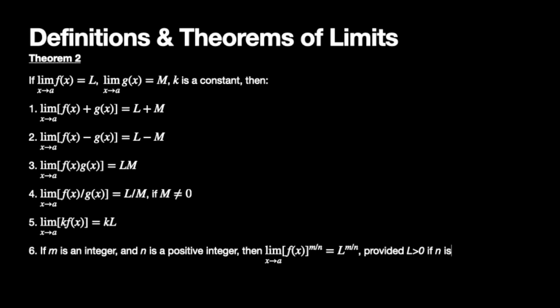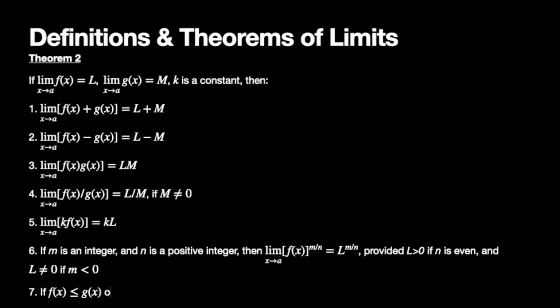6. If lowercase m is an integer and lowercase n is a positive integer, then the limit as x approaches a of f of x to the power of m over n equals L to the power of m over n, provided that L is greater than 0 if n is even, and L does not equal 0 if m is less than 0.